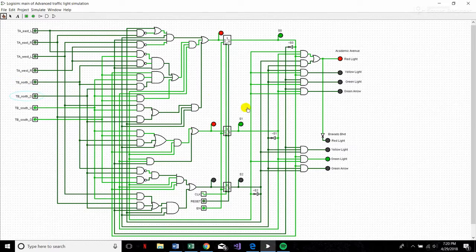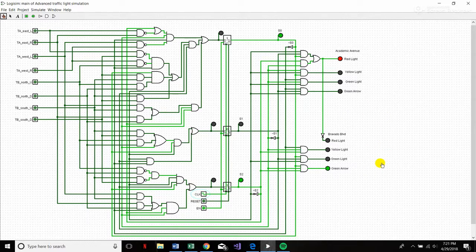So as you can see, when this condition fails, it will move on to the next state, which is a yellow light, which is basically a don't care, and it will move on to the next state pretty much regardless of the input. And that next state is Bravado Boulevard having a green arrow to turn onto Academic Avenue.